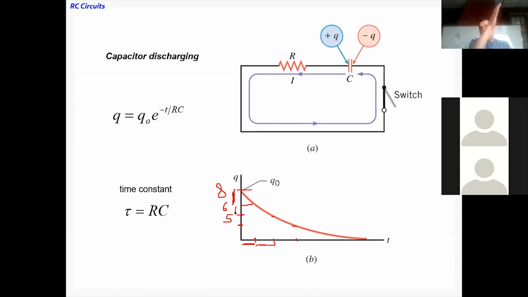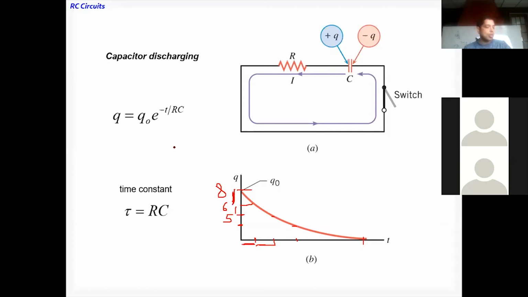In the beginning, it happens quickly, then it becomes slow and slow and slow. Discharging rate becomes slow and slow. Does it make sense?